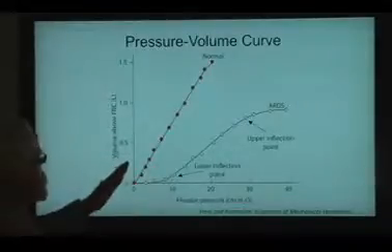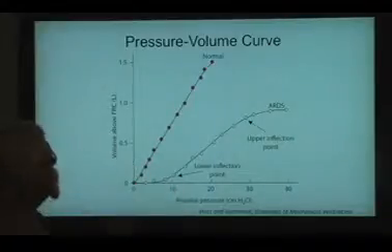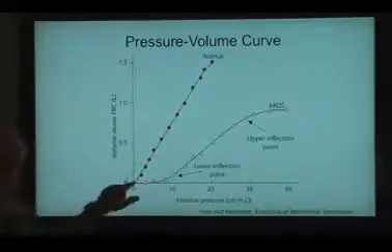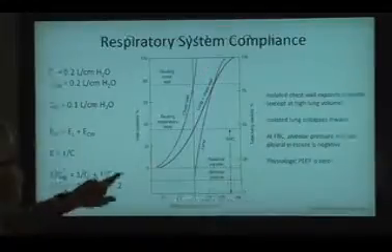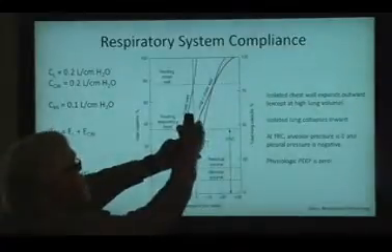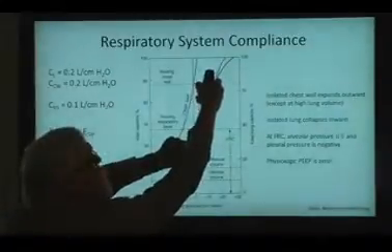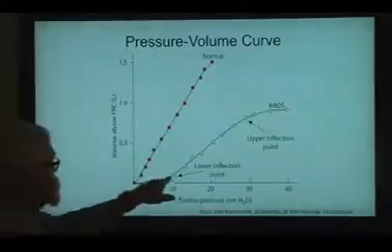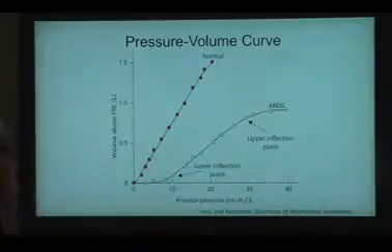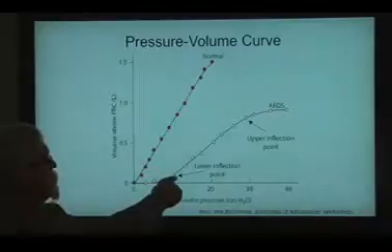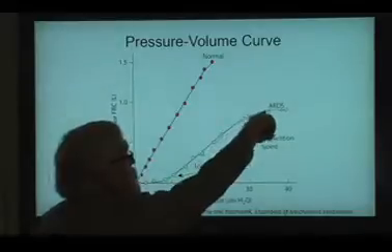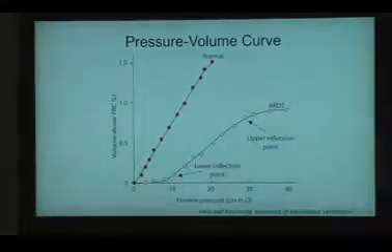So here is the volume-pressure relationship, or the pressure-volume curve, normally beginning at functional residual capacity, because as I had pointed out, above functional residual capacity, the relationship is relatively linear, except at high volumes. This is what the pressure-volume curve might look like in patients with ARDS, where there is a lower inflection point where the curvature changes, and there is an upper inflection point where the curvature changes.